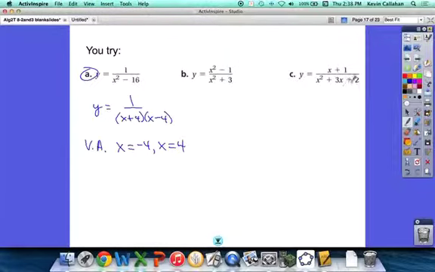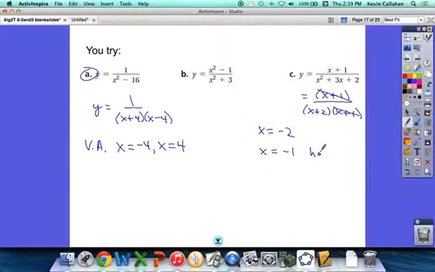This would factor as x plus 2 times x plus 1, so it would have points of discontinuity at negative 2 and negative 1. Negative 1 cancels with the numerator, so you would say that's a hole. But negative 2 is a vertical asymptote.